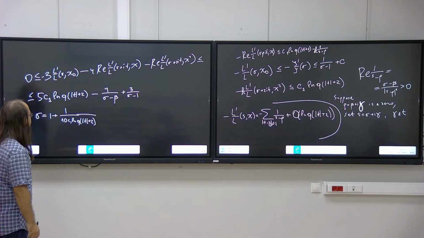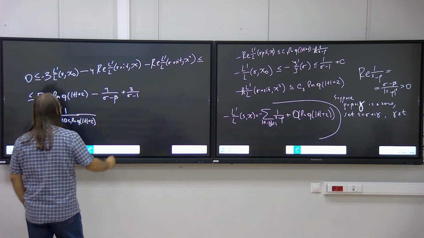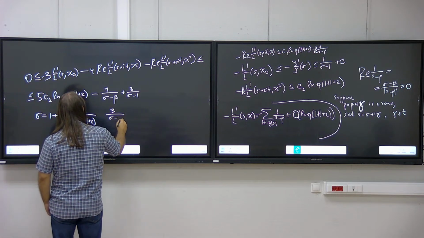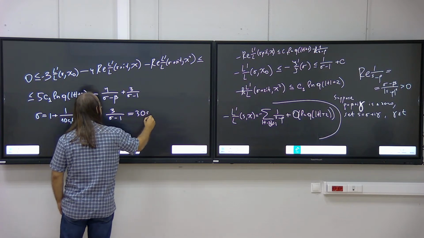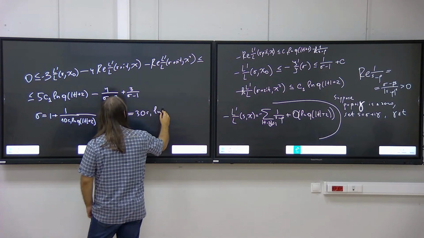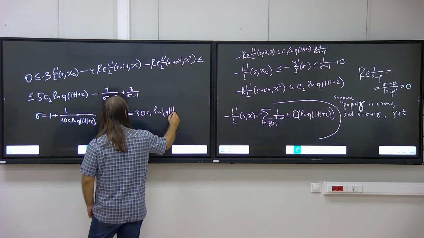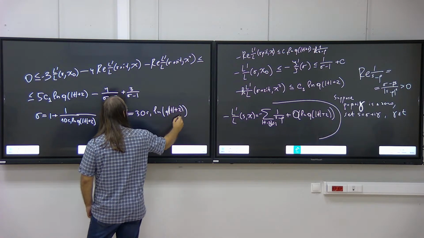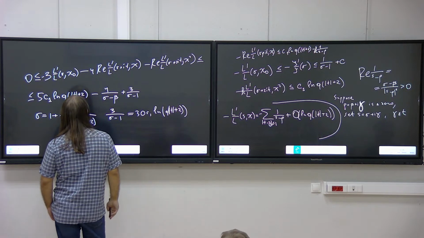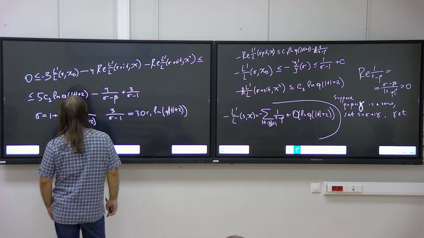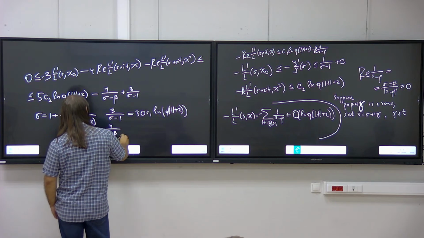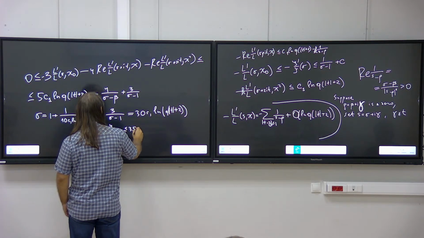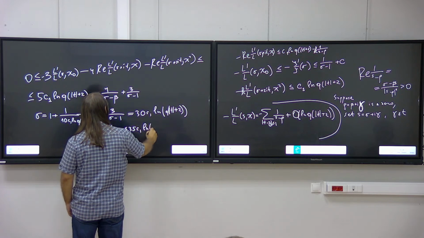And when you substitute, you get 3 over sigma minus 1 is equal to 30 C1 logarithm q absolute value of t plus 2. And then you get that 4 over sigma minus beta is at most 35 C1 times this logarithm.